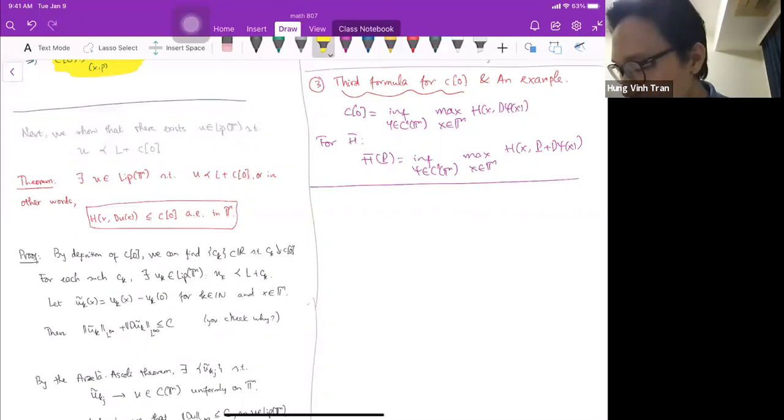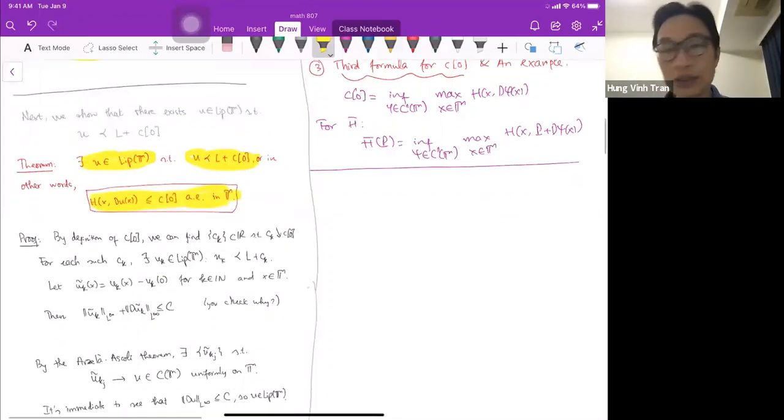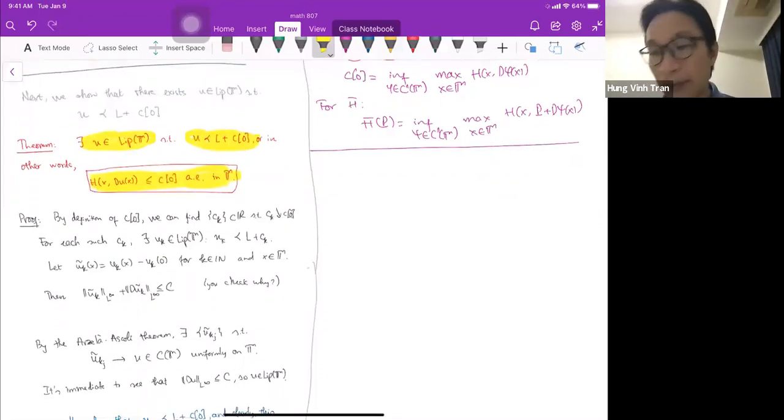We claim that there exists a Lipschitz function U so that H of x, dU is dominated by L plus C naught, or in other words, this is equivalent to this. So now we prove a stability result.